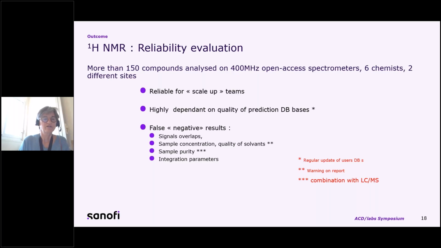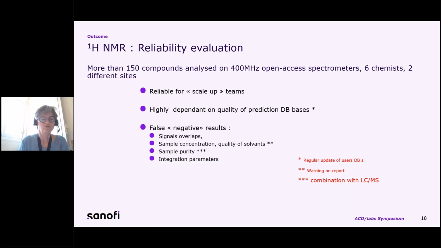The results are reliable for the scale-up teams when there is already a batch with the same structure in the LIMS. It's very reliable in this case. The system, as I said earlier, is highly dependent on the quality of the prediction databases. So we regularly update users database. Users database is our own database with our own structures.